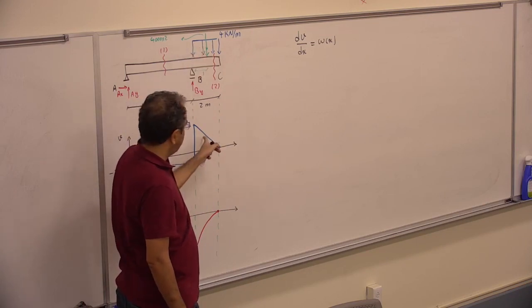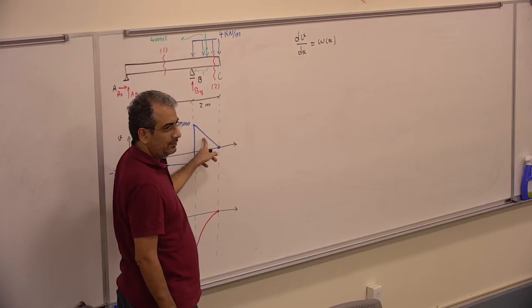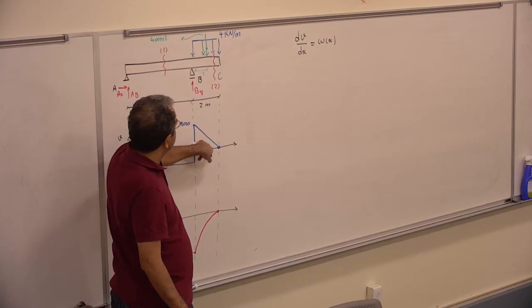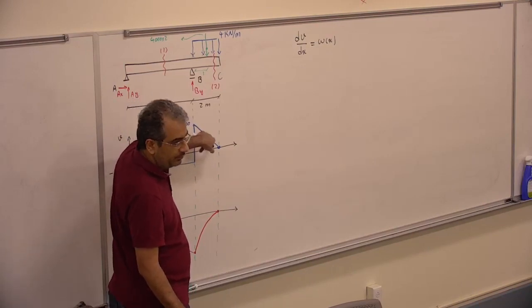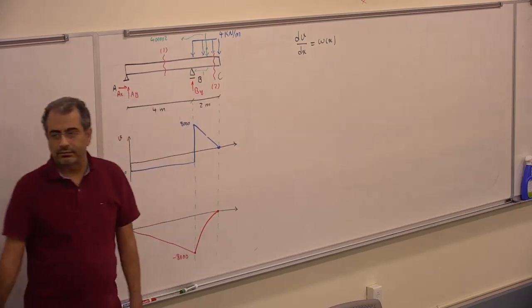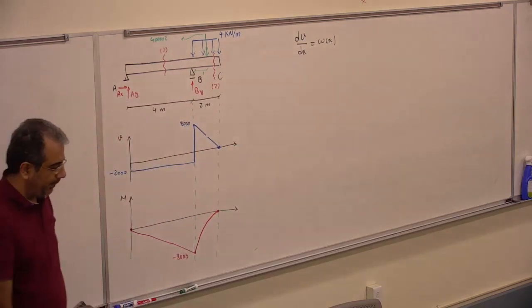So here, what was the equation here? Negative 4,000x plus 24,000. Negative 4,000x, and if I make a derivative of that, it gives me the 4,000.